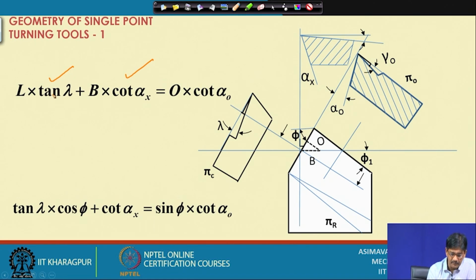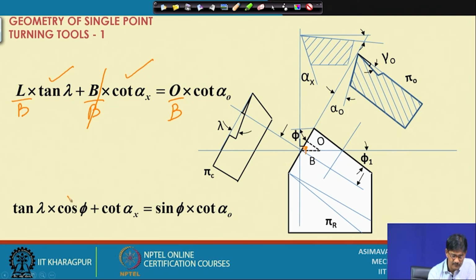So, let us move right away in the same method that we have taken up before, L by b, b by b, O by b, that is it. We get cot alpha x equal to, tan lambda into what is L by b, let us see. This must be our phi, and therefore, L by b is nothing but cos phi.